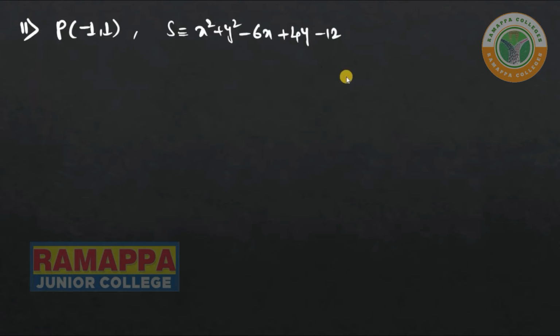The next question is given: P is (minus 1, 1) and S is given. In the solution we have to find the values of 2gx and 2fy, so from this we find g and f.